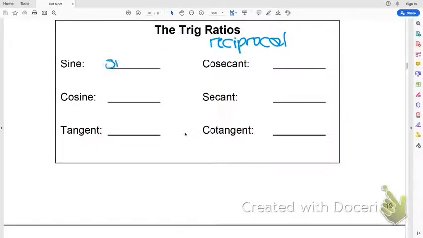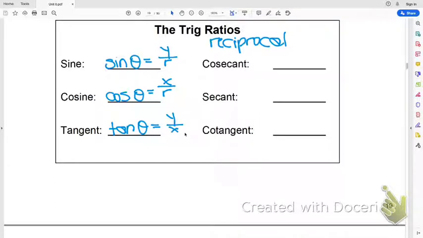Flip it. So what that means for me, once I have these three definitions written down, is that the reciprocal identities that are across from each of these are literally just flipped fractions. So cosecant goes with sine. That means when I write the definition for cosecant, I make it cosecant of the angle is equal to the reciprocal of sine, which means it's what?